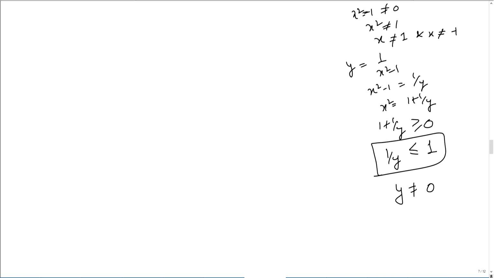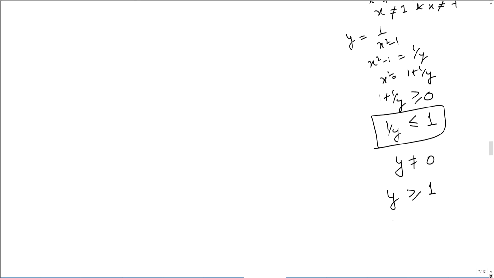But 1 by y has to be less than or equal to 1, and that implies that y should be greater than or equal to 1, or y can take a negative value such that if it is greater than minus 1, let's say minus 0.99, then 1 by y would become 1 by 0.99.